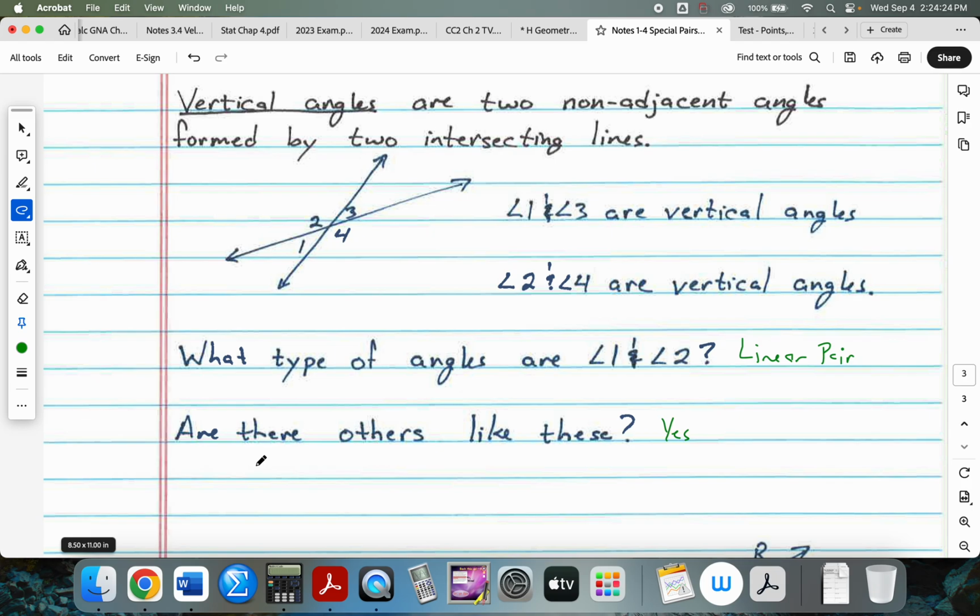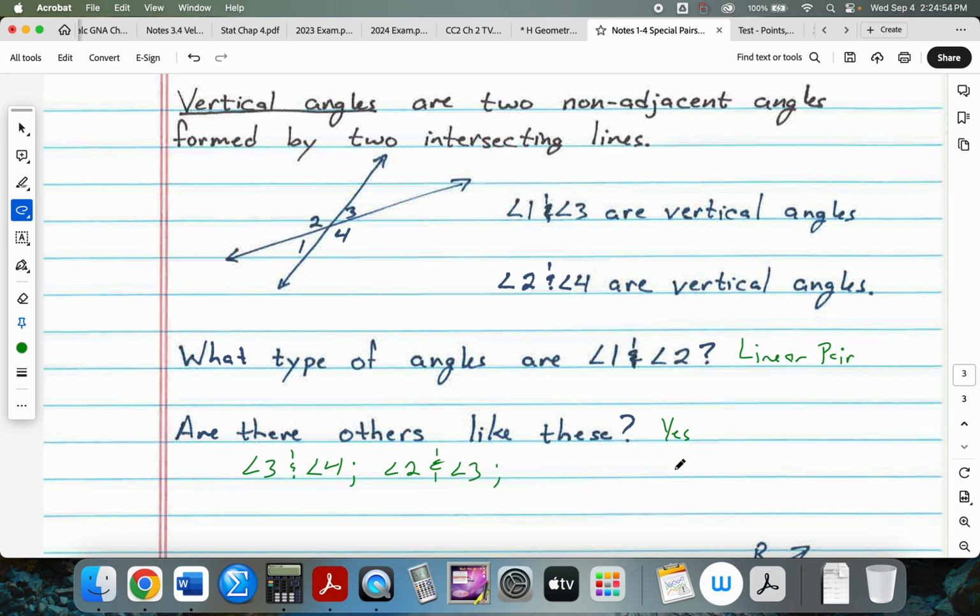I'll take a volunteer to tell me another linear pair in this diagram other than angle 1 and 2. 3 and 4? Yes, sir. There are other ones. Someone else want to volunteer to give me another one? Yes. Angle 2 and angle 3.